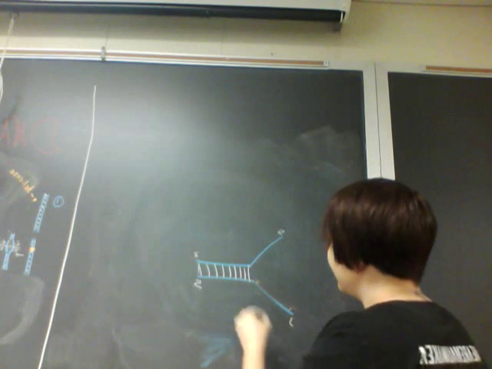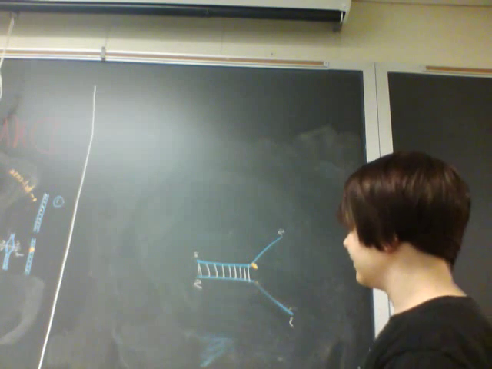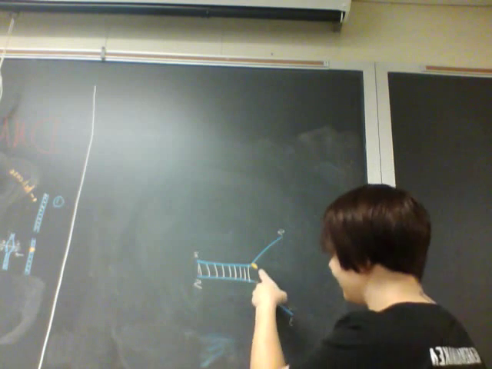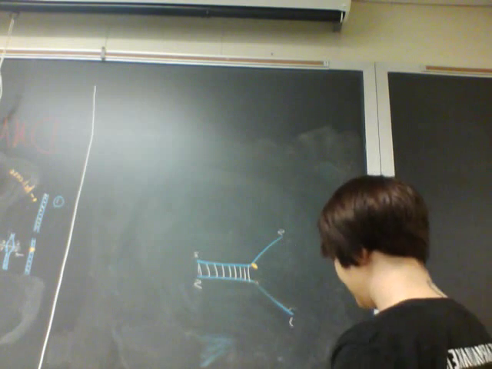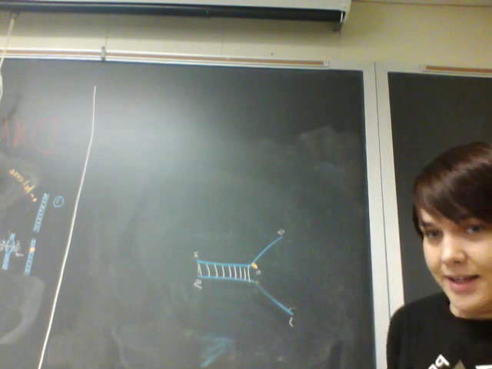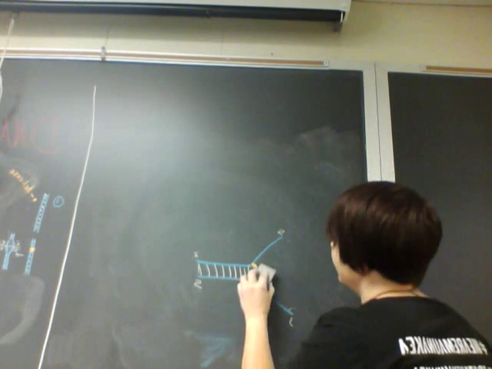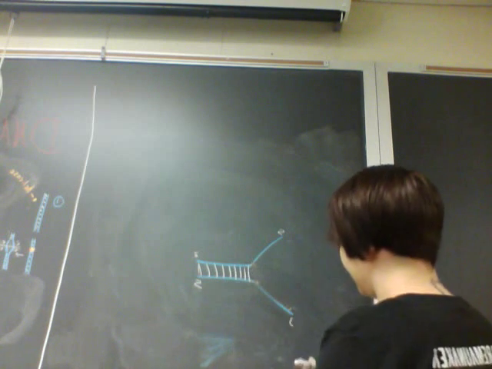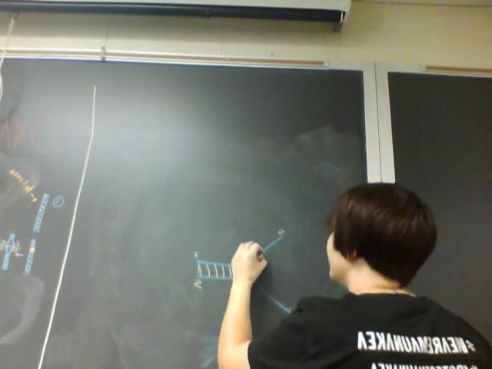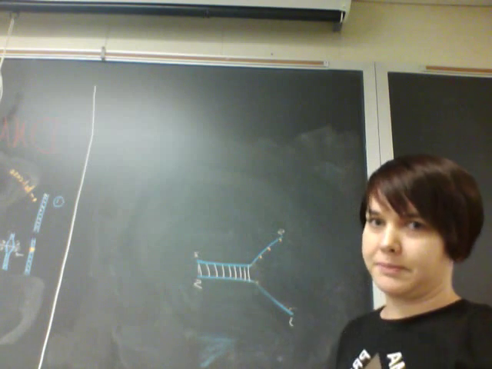And here is the other strand. We have to think, this is 5 prime, so this has to be 5 prime. It can't do anything. We can add nucleotides 5 prime to 3 prime. So what happens is the RNA primase comes in and attaches at multiple points throughout the segment.